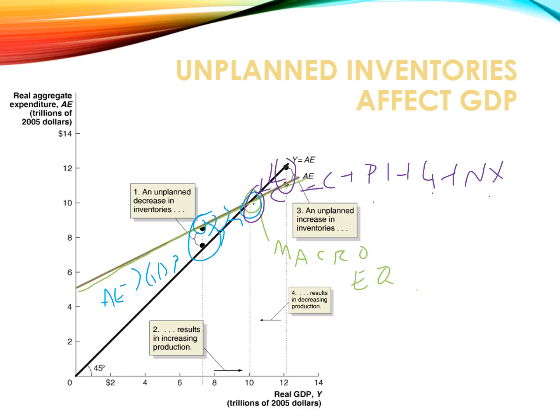As we will learn, all of these things, I'm going to put bars above them, are going to be considered exogenous. That means that their values are determined by variables outside of the model. Consumption is partially exogenous and partially endogenous, which is why we're going to end up having this upward sloping shape of the AE line.